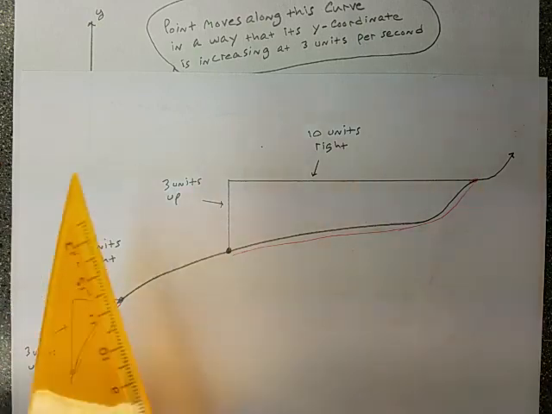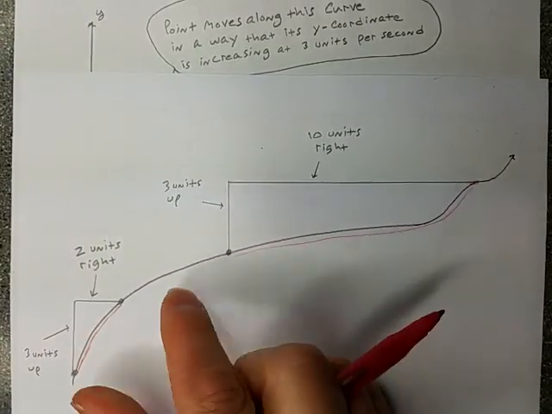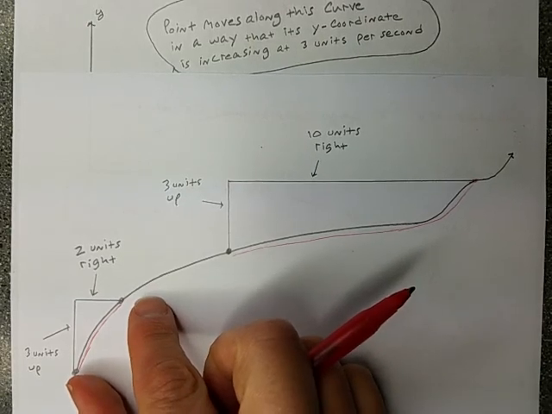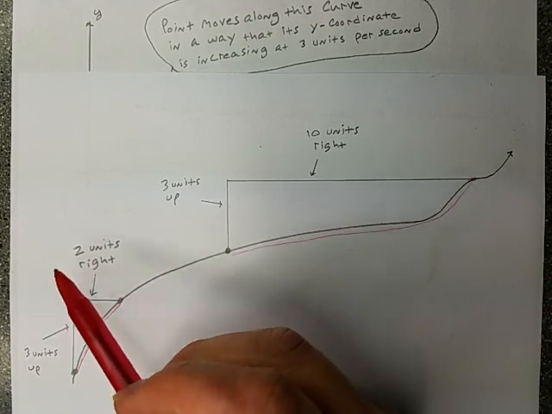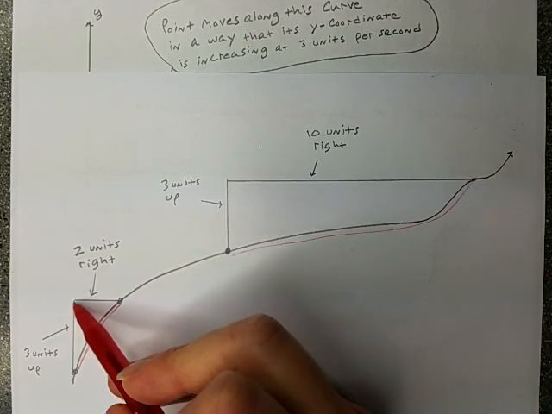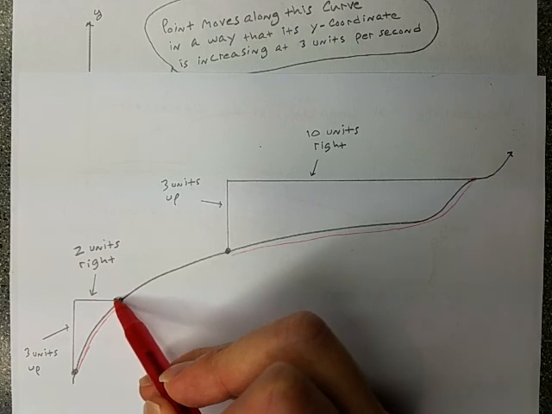And I got this ruler and I made a scale, and that's 3 units up. Now, imagine if you were on this part of the curve, where the curve is more vertical, say, than it is over here. Then to move 3 units up would require you to move 2 units to the right, okay?